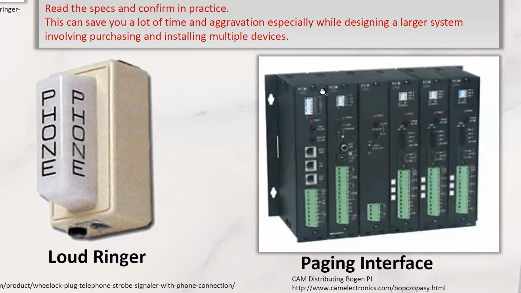Look, this paging interface has a module that connects to POTS. So one of these outlets, these jacks, will be connected to the ATA adapter. That ATA adapter acts as a phone connected to the phone system.